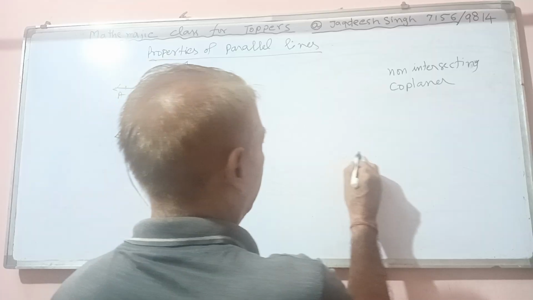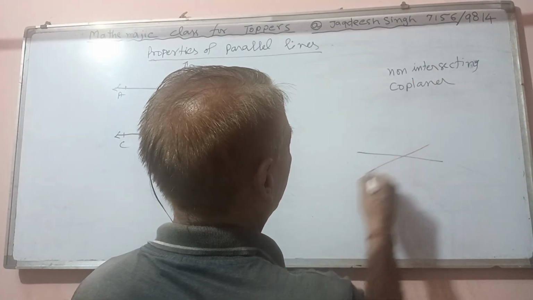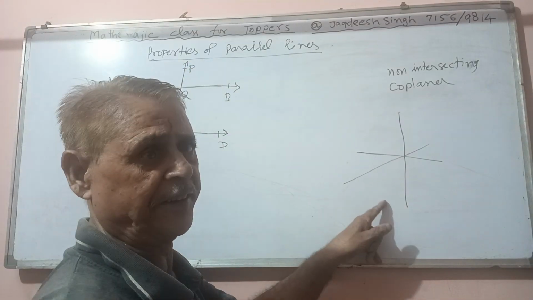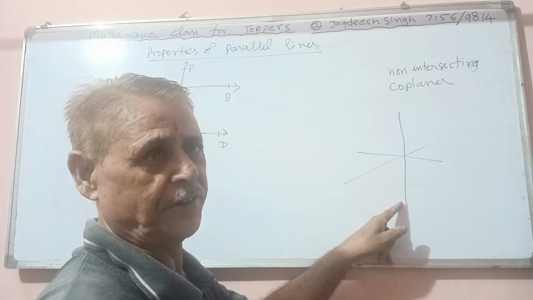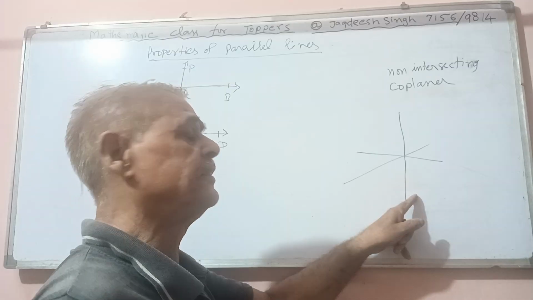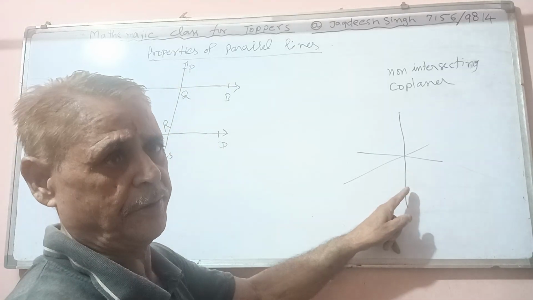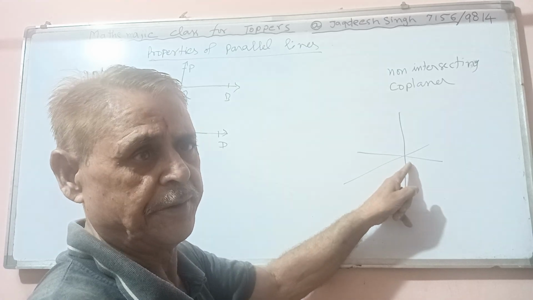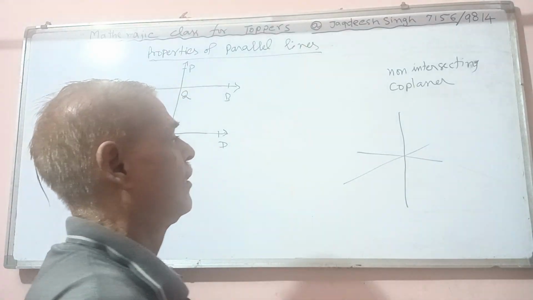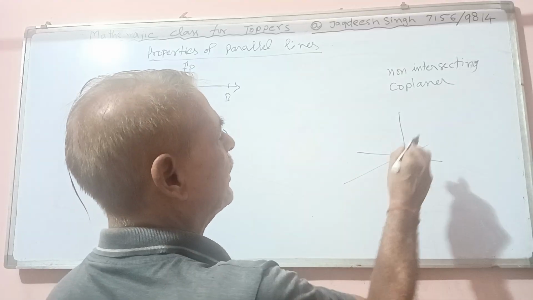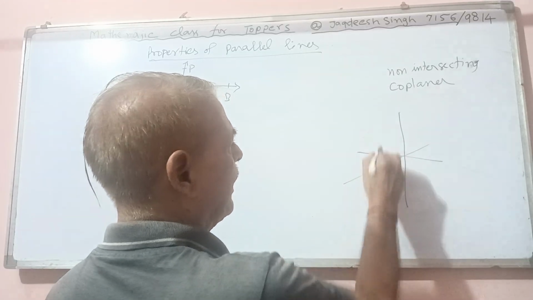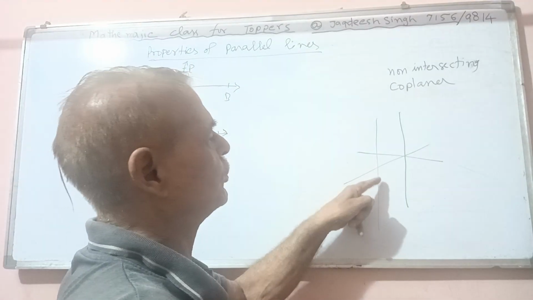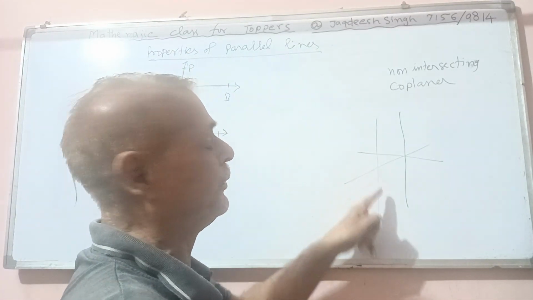See, if there are two lines and the third line intersects at one point, this is not the transversal. Though this is intersecting, it is not a transversal because it is intersecting both the lines at the same point. Now, even if the lines are not parallel and one line intersects both the lines in two different points, that will be a transversal.